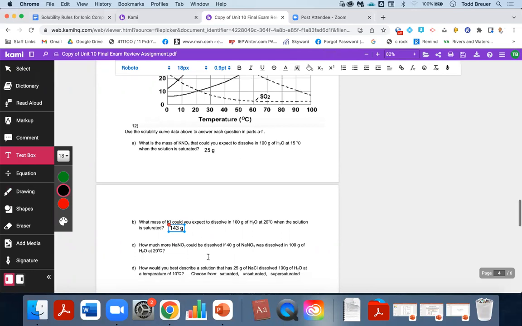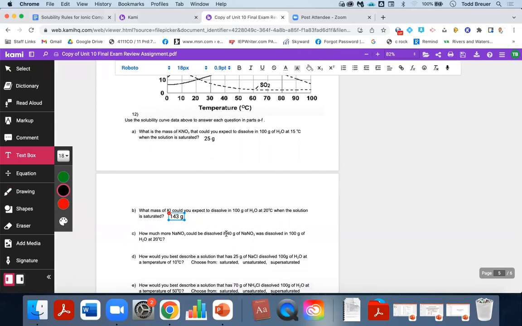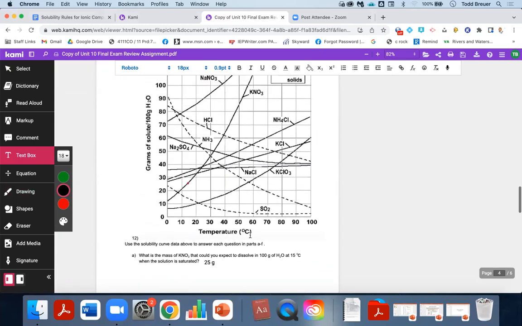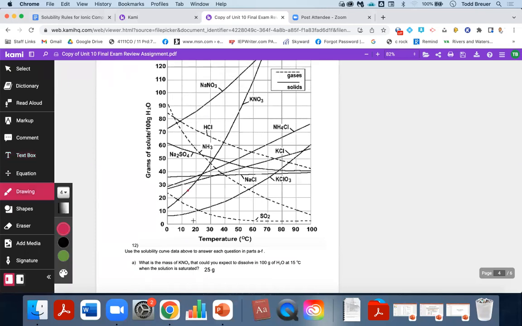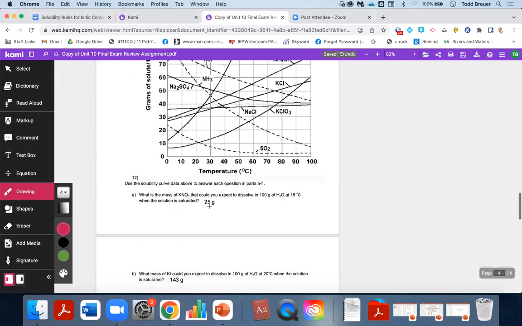Now look at question C. It asks about how much more could be dissolved. That means we're talking about an unsaturated solution, but we do something really similar. So we read 20 degrees, we look at the chemical as NaNO3. So at 20 degrees, let's find NaNO3 and find what the saturated value is. 20, NaNO3. Oh, look at the saturated value at 20 degrees is about 85.